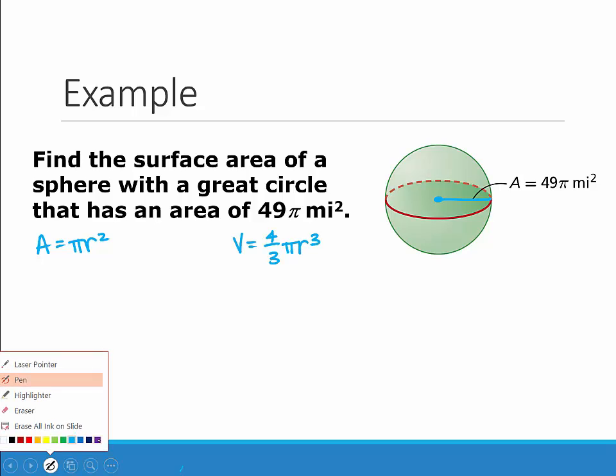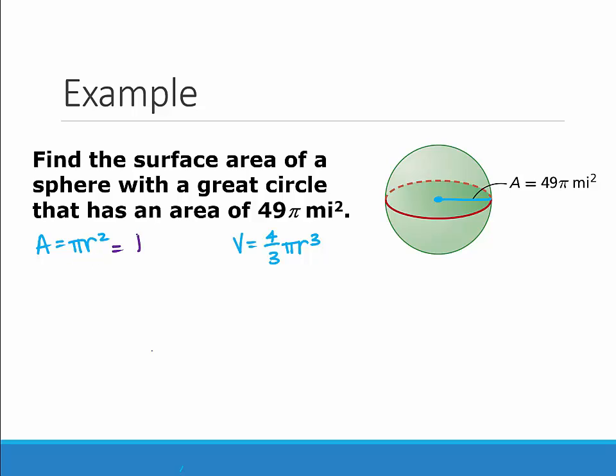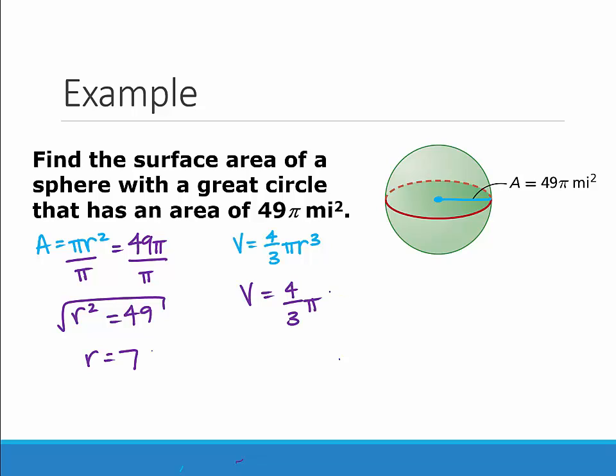So we're going to plug in what they give us, that the area is 49 pi. And if we divide both sides by pi and take the square root, we end up with 7 for the radius. And then we can use that and plug it back in.